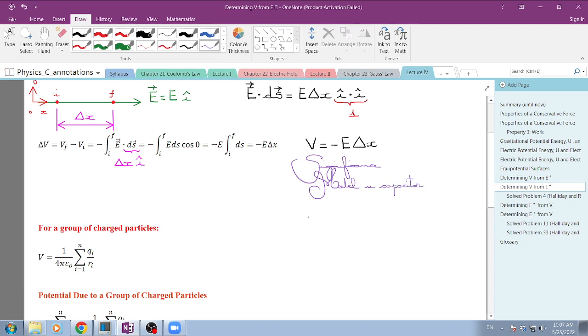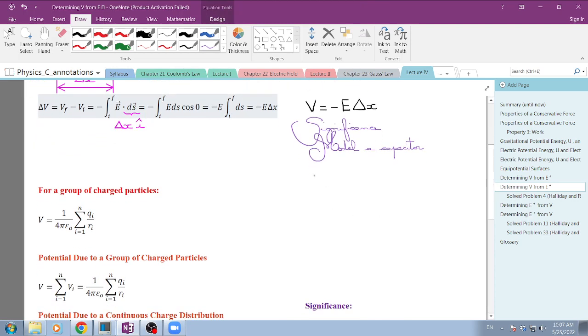The second thing is that this is going to help us find more intuitive units to represent the electric field. Up till now, what do you have?